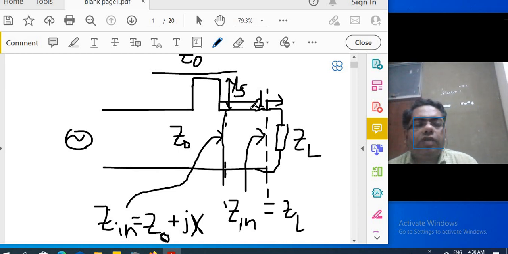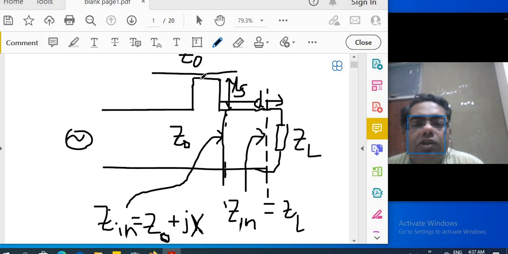So you understood that at a distance D from the load end, the input impedance was Z0 plus jX. At that point I connected one transmission line in series. This is called series connection. At this plane where the input impedance was this, I connected one stub in series.